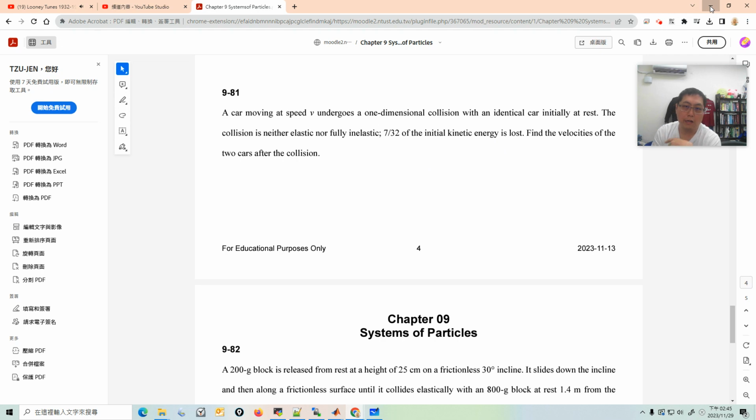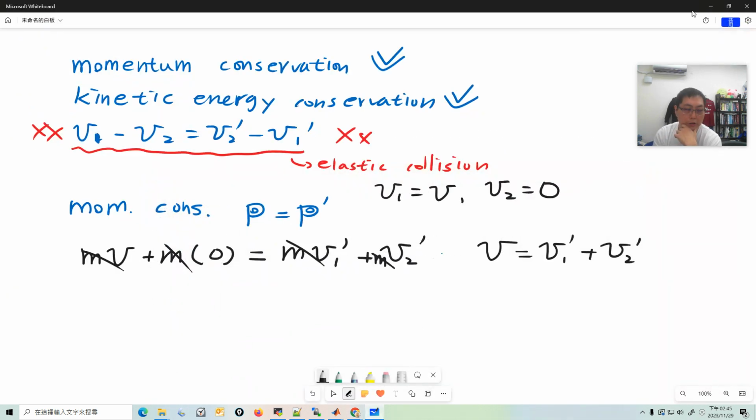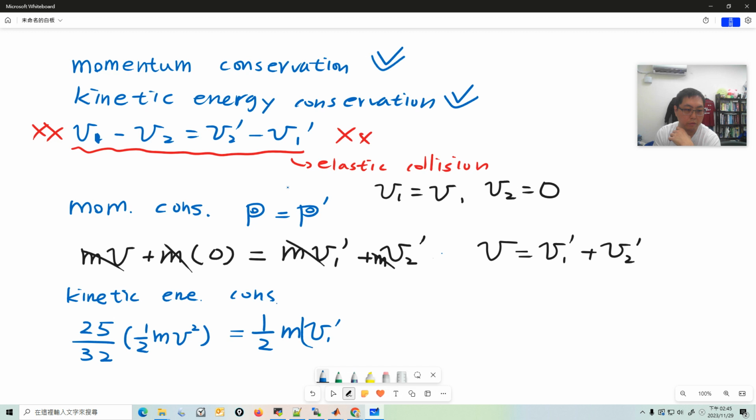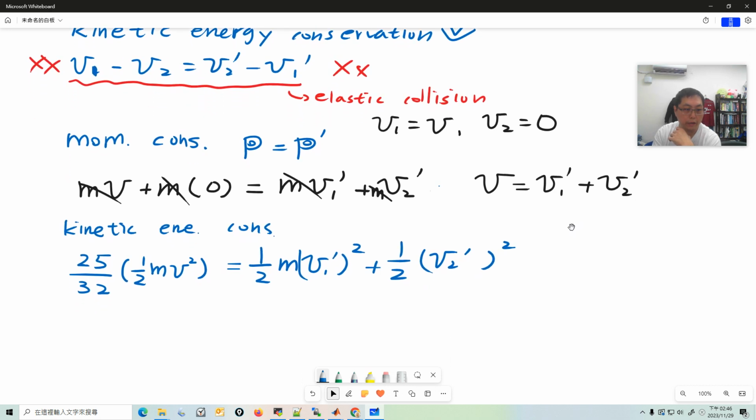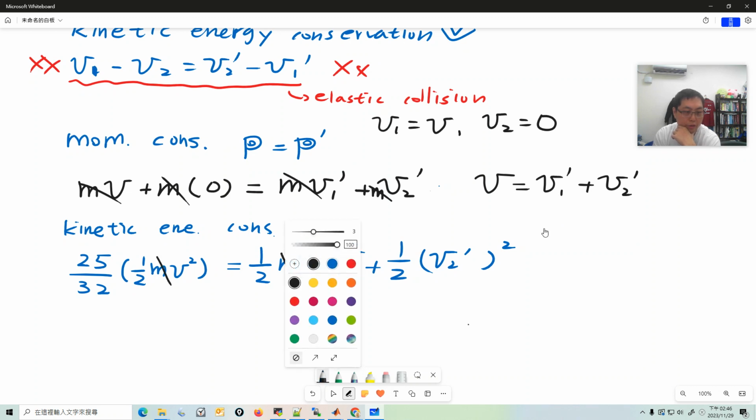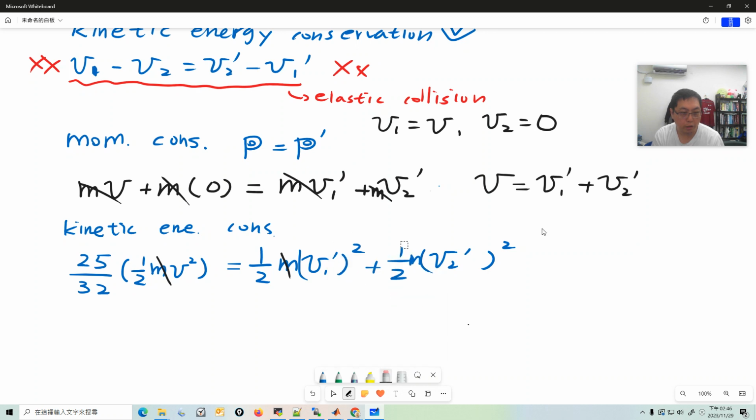The initial kinetic energy is 1/2 m v squared. So using kinetic energy conservation, 25/32 of the initial kinetic energy, 1/2 m v squared, is preserved, and it equals 1/2 m v1 prime squared plus 1/2 m v2 prime squared. Because every term has m, I should write the m here.